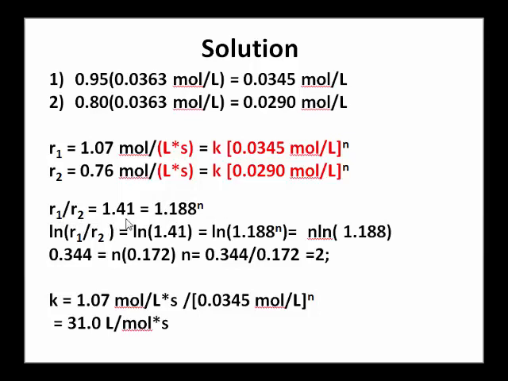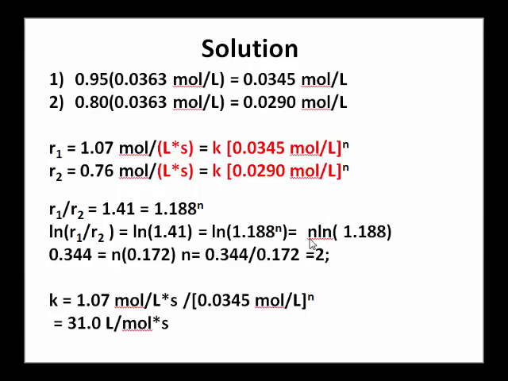Right. The classic way to solve for N in this case, and you'll see it again in another example in this unit, is to take the natural log of both sides of this expression. The natural log of R1 over R2 is the natural log of 1.41, which is equal to the natural log of 1.188 to the N. A property of the natural log allows us to write this as N times the natural log of 1.188.